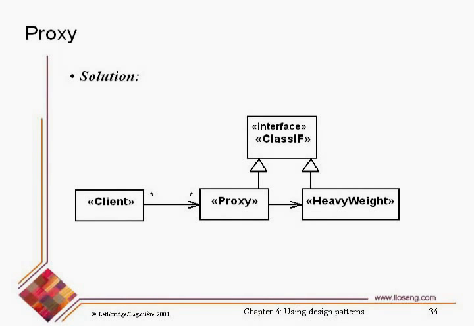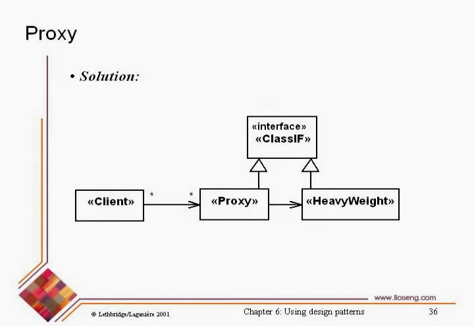By default, clients access things called proxy objects, little, teeny, small objects. These small objects then can, and this really should be 0 to 1 here on the connection to the heavyweight, contain the heavyweight but don't have to.